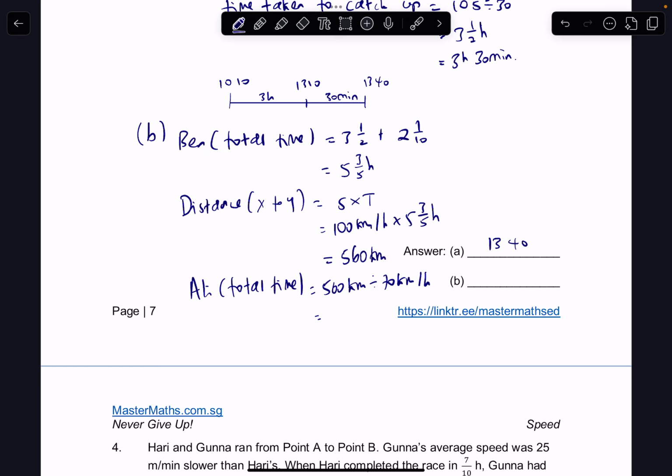When we do this, you get 8 hours. Pretty clear cut. Ali started at 8:40, so we add 8 hours to this, and you get 16:40 or 4:40 p.m. Final answer for this question.